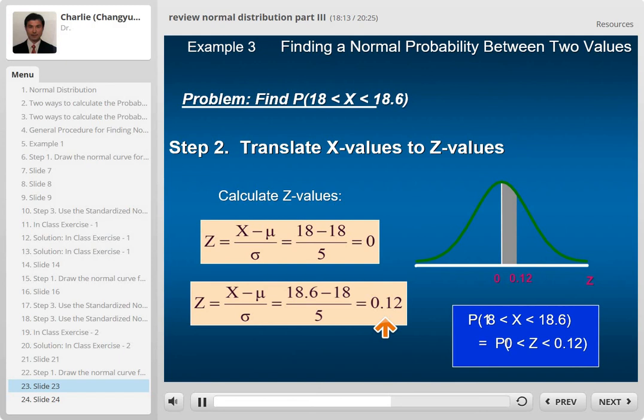Now, in order to find the probability of x bigger than 18 and smaller than 18.6, we only need to find the probability of z bigger than 0 and smaller than 0.12. That's what we're trying to find out. So here's the area. Notice here's a 0, here's a 0.12, and it is on a standardized normal distribution now.